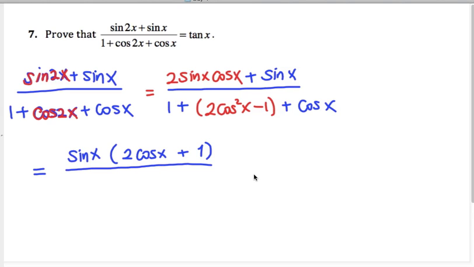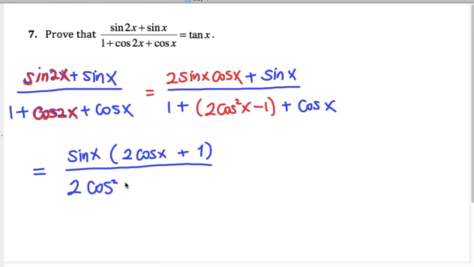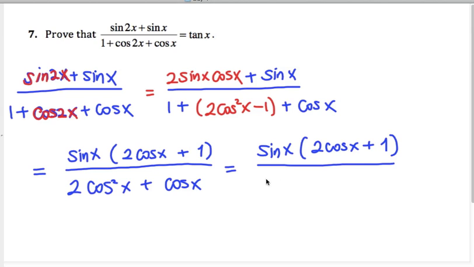Minus 1 right there. So the ones cancel out, and all you have left is 2 cosine squared x plus cosine x. Then you can just factor out a cosine. So sine x times (2 cosine x plus 1), and here you get cosine x times (2 cosine x plus 1).